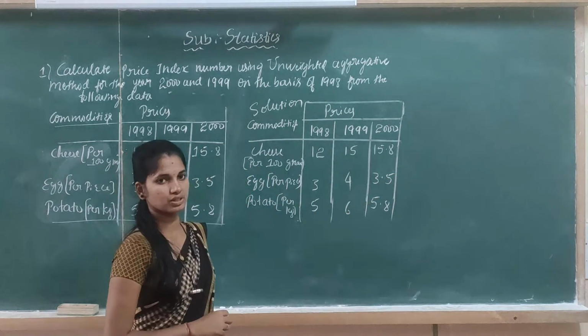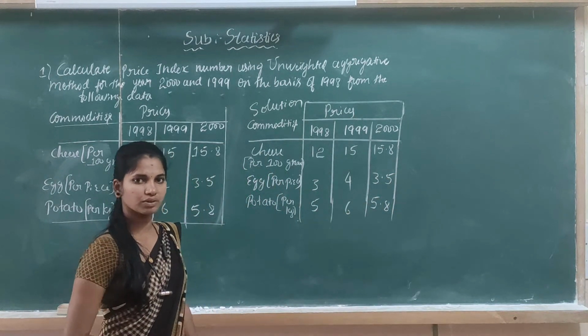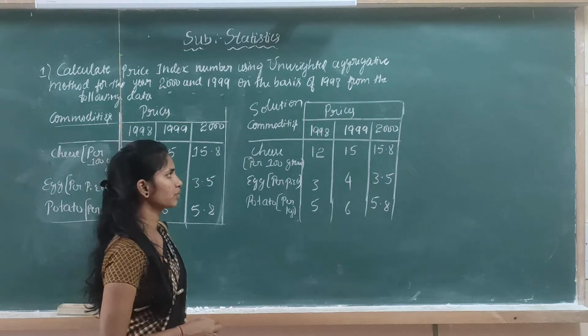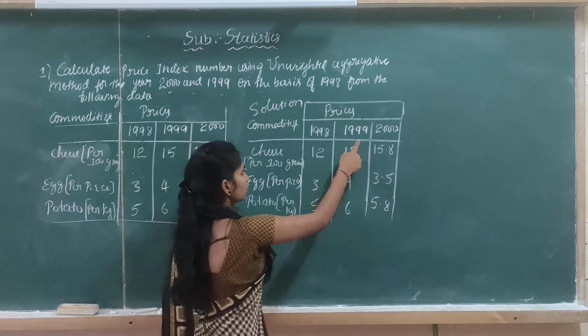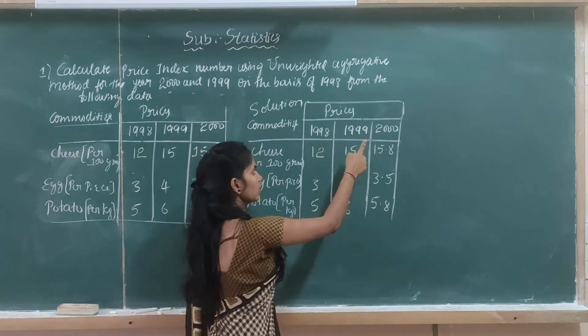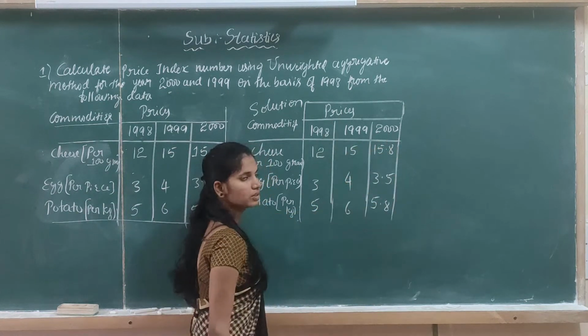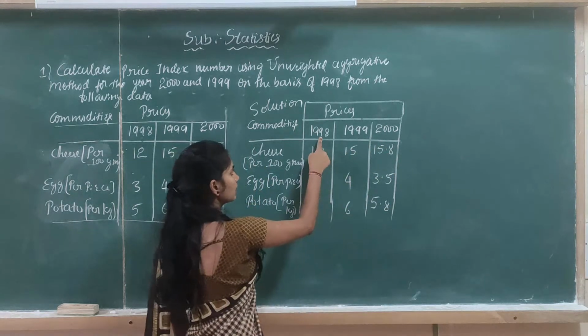Now the first step is to identify the base year and the current year. Here three years are given. Comparing 1998, 1999 and 2000, which one is less? 1998.